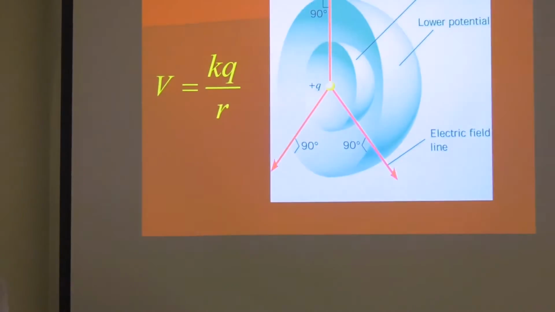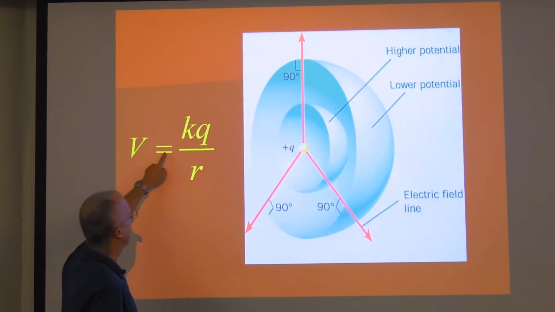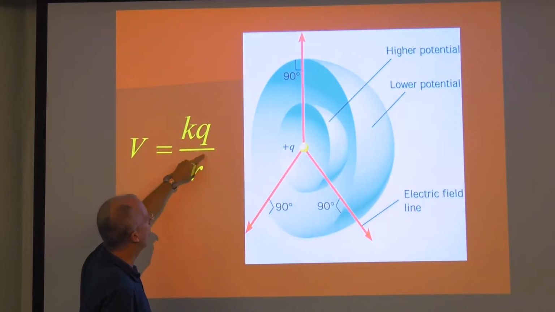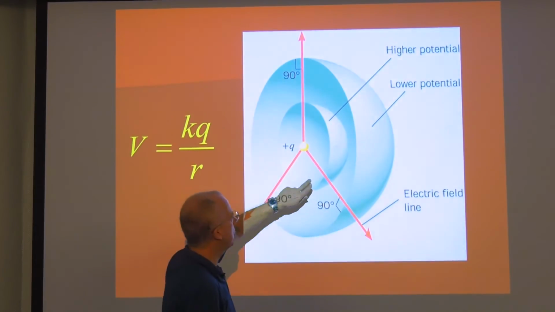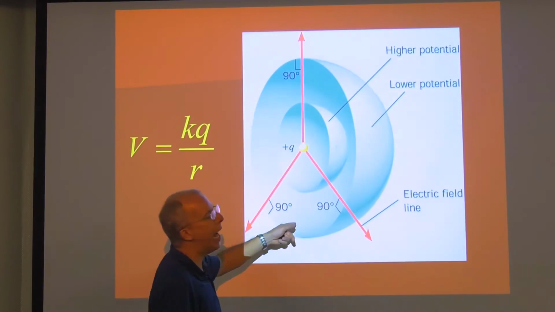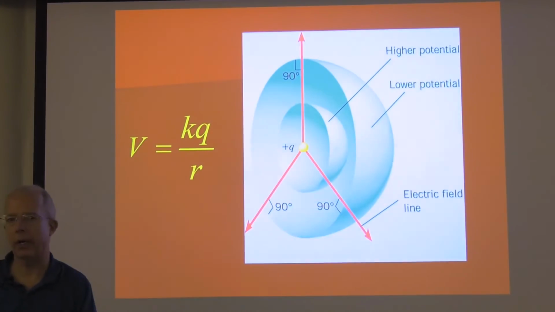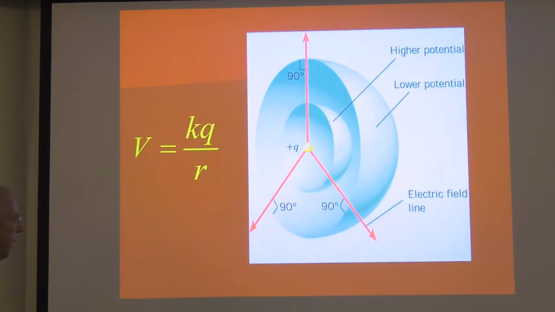Okay, so here's our point charge. The potential is proportional to 1 over r. So two things. These are concentric spheres, concentric with a point. So how many concentric spheres are there that have a different potential? Well, infinite, right? An infinite number.